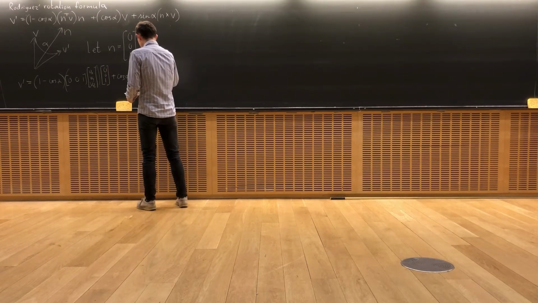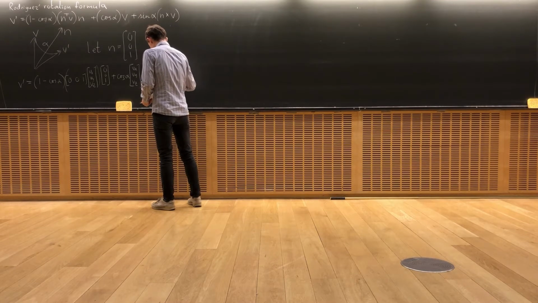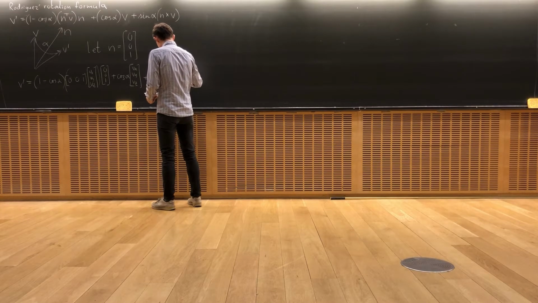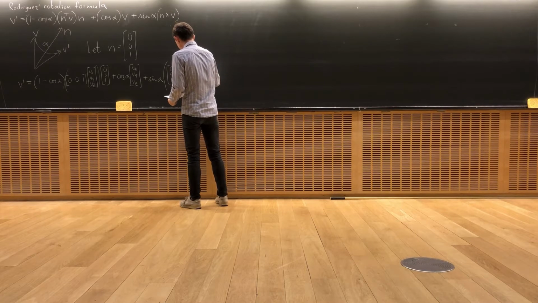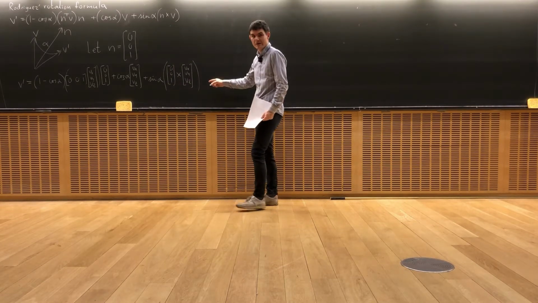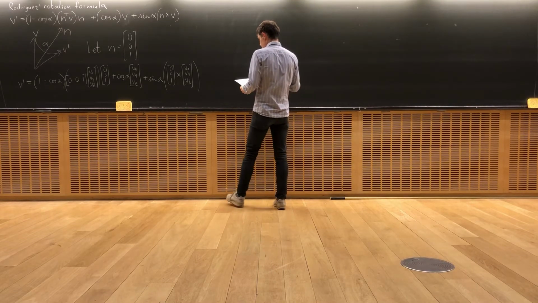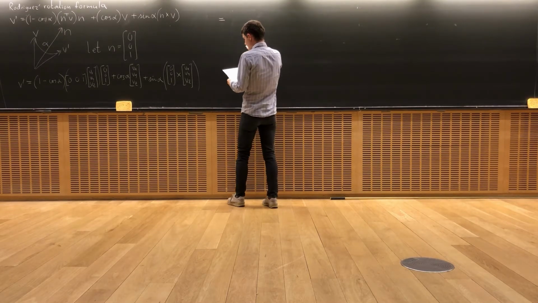And then I have the sine term. First the n vector, and then the cross product of that, and my v vector. So here I'm just going to delve into the nitty-gritty algebra.